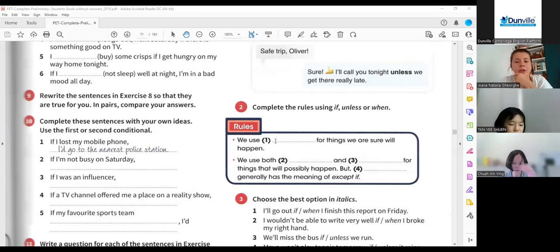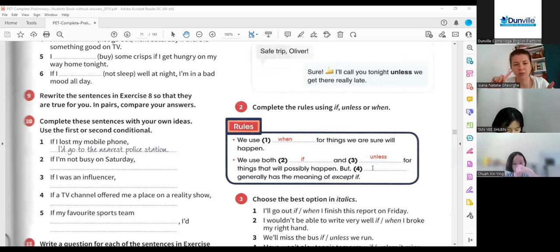Yeah. So what did you write for the first phrase, Tan? We use when for things we are sure will happen. Great. And what did you write for the second phrase? We use both if and unless for things that will possibly happen, but when generally has the meaning of except if. Not when.